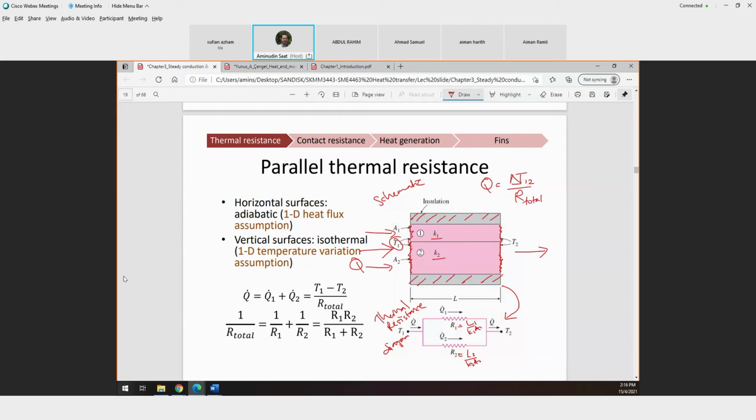It is a similar approach to electrical calculation, when you have electrical resistances in parallel arrangement, then you need to find the equivalent resistance using the same method or approach.